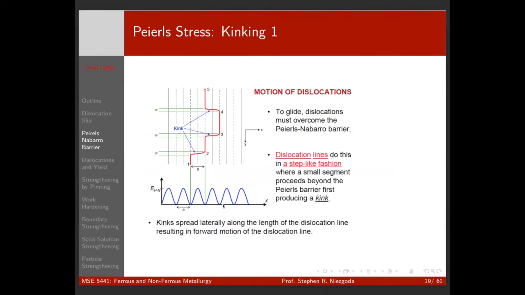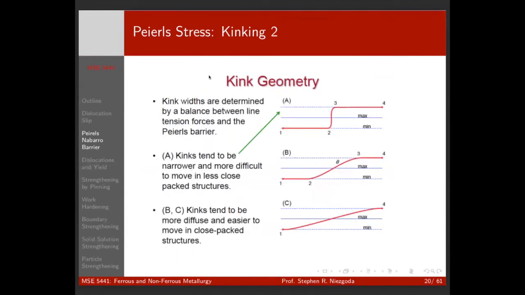What does happen is a small region steps forward and makes a little kink, and then the whole line can move forward essentially by the lateral motion of this small section here. So you're not moving this whole big dislocation line all at once.